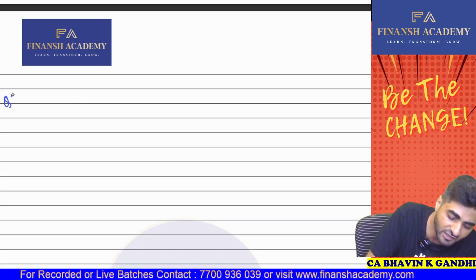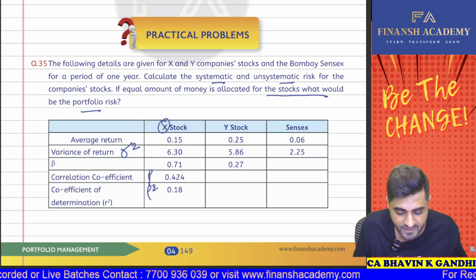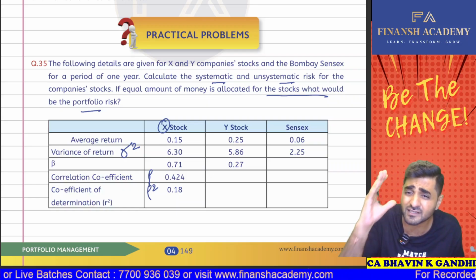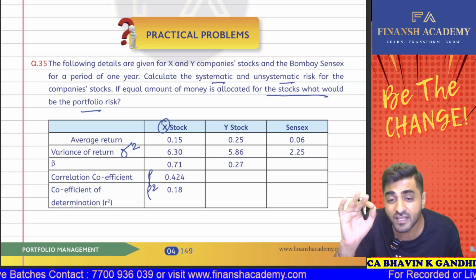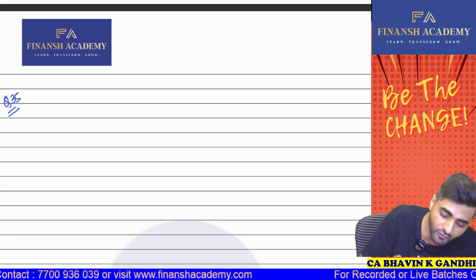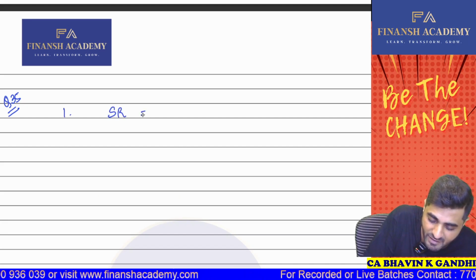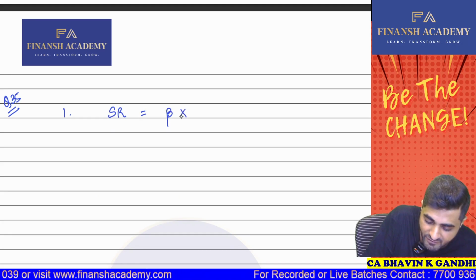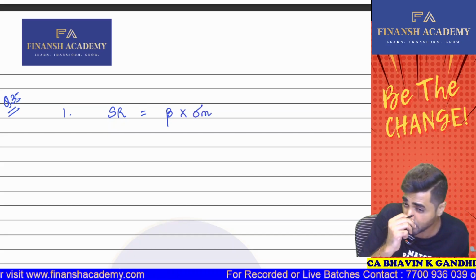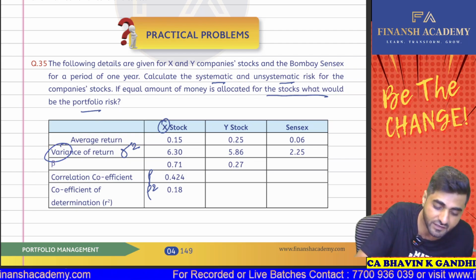For your question number 35, very quickly we will revise this. Because for the first time you are seeing that we are required to calculate systematic risk, how do we calculate it first of all? Systematic risk can be calculated by taking beta and multiplying that by the market risk. But here, as you can check, we have the variance of the returns.